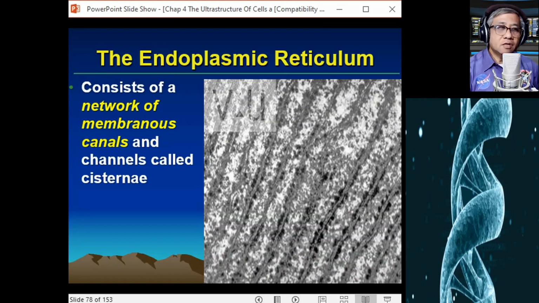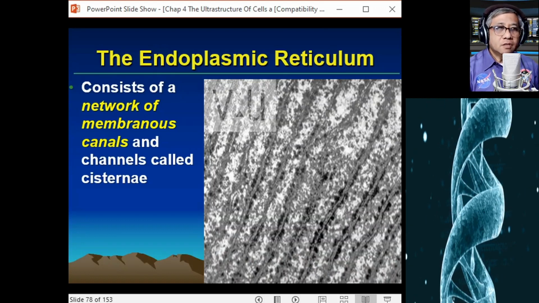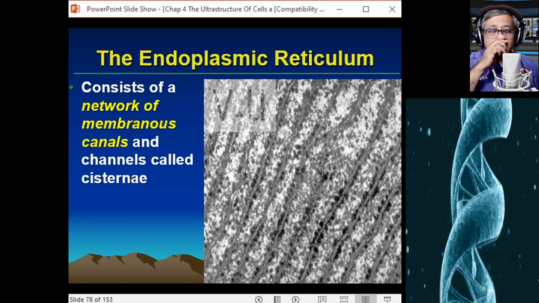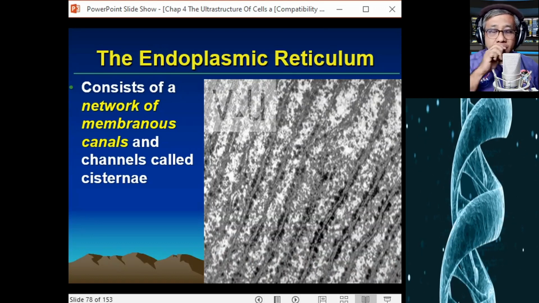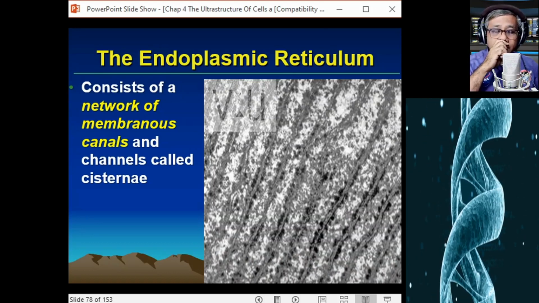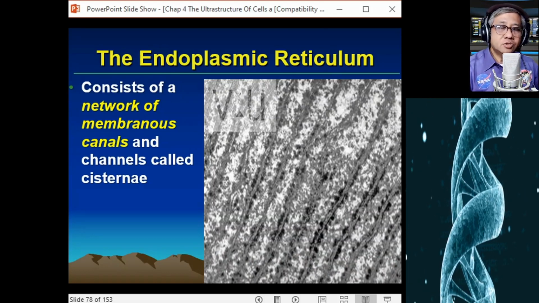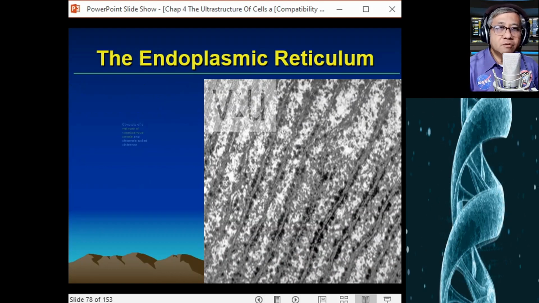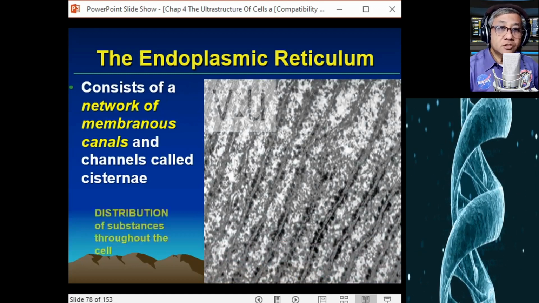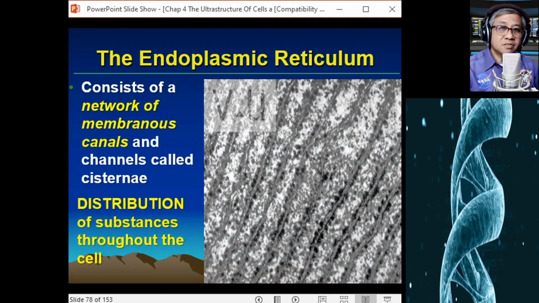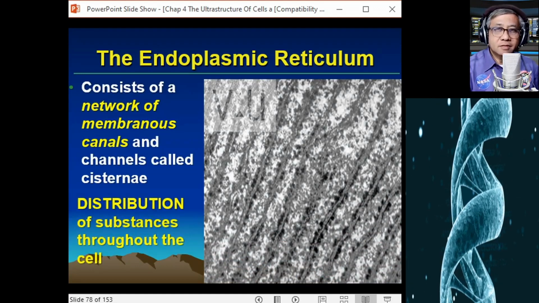And again, just like what we mentioned, the structure of the organelle will dictate the function. So being membranous canals, the basic function of the endoplasmic reticulum is for the distribution of substances throughout the cell.